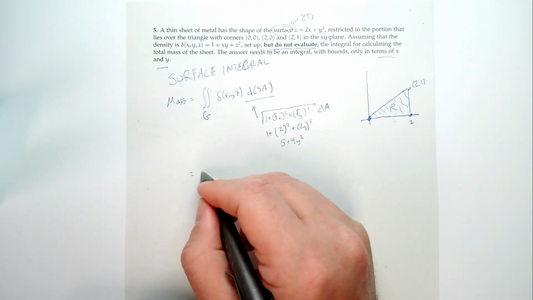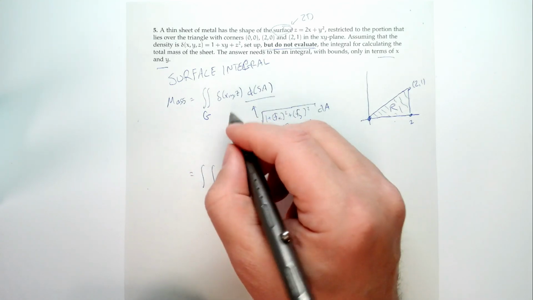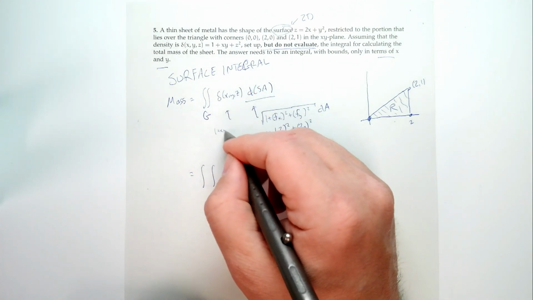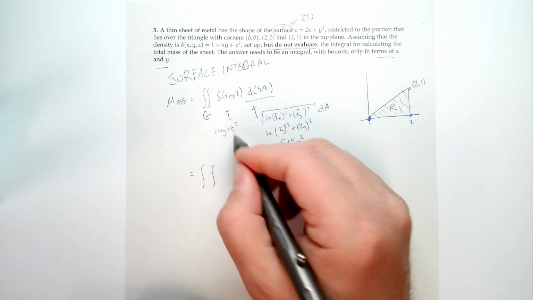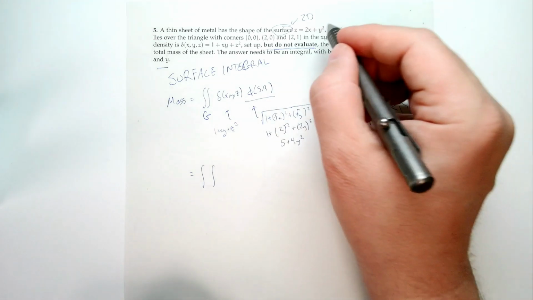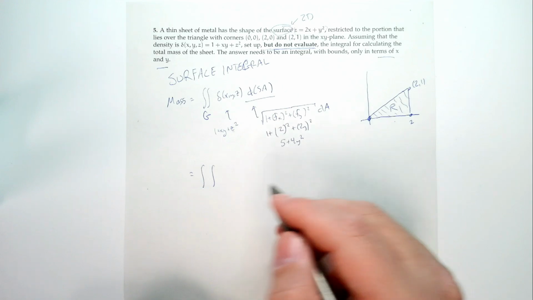So we get integral, integral, our density function. Well, our density, that's 1 plus xy plus z squared. Now, what do we do with that z? Because we have to be only x and y. The answer is we use our relationship, that relationship z equals 2x plus y squared.